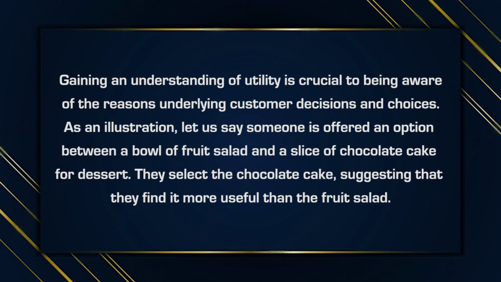Gaining an understanding of utility is crucial to being aware of the reasons underlying customer decisions and choices. As an illustration, let us say someone is offered an option between a bowl of fruit salad and a slice of chocolate cake for dessert. They select chocolate cake, suggesting that they find it more useful than the fruit salad.